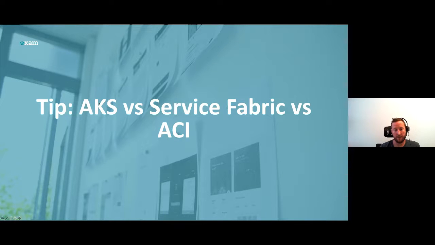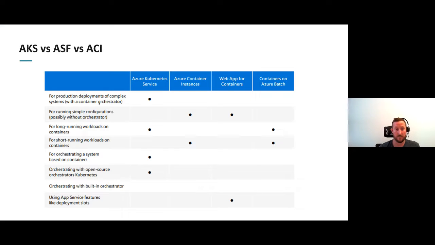So just talking about the differences between AKS, Service Fabric and container instances. You can see here, the Kubernetes service is for production deployments of complex systems. This is really when you have a large team of developers and the resources to manage all the ingress and all the complications that come with running Kubernetes.